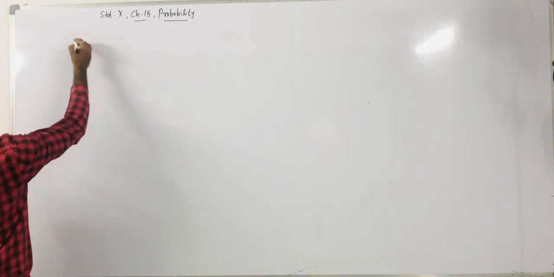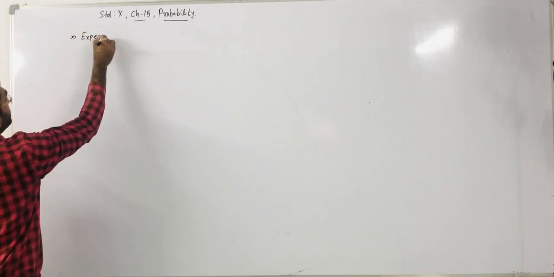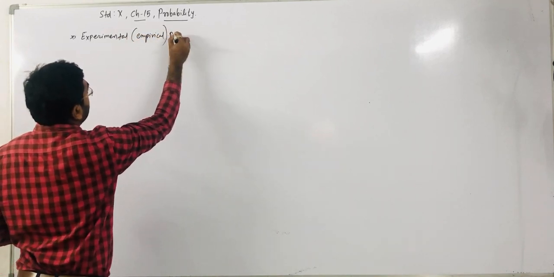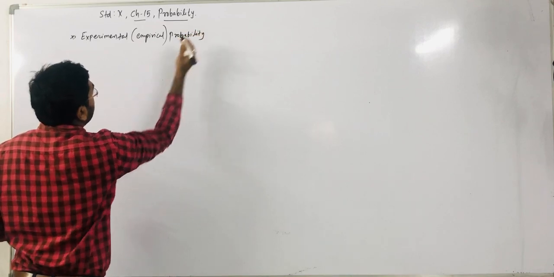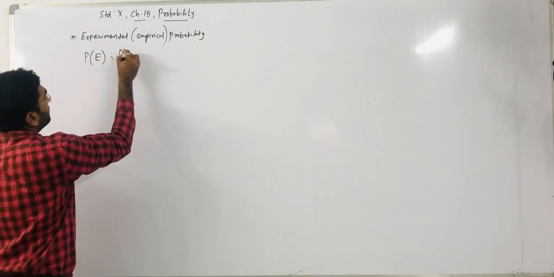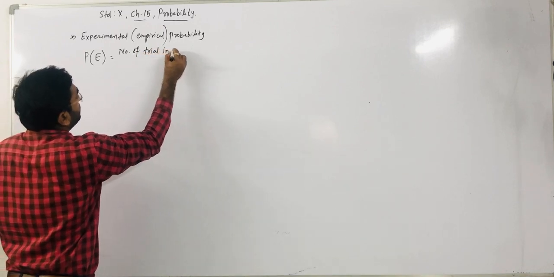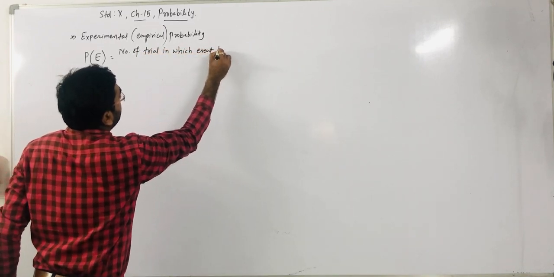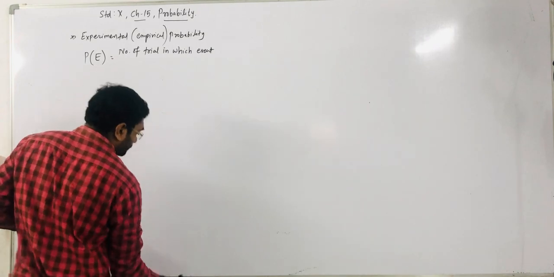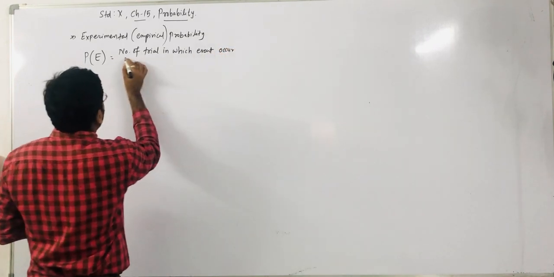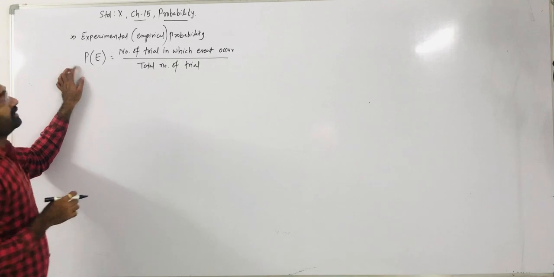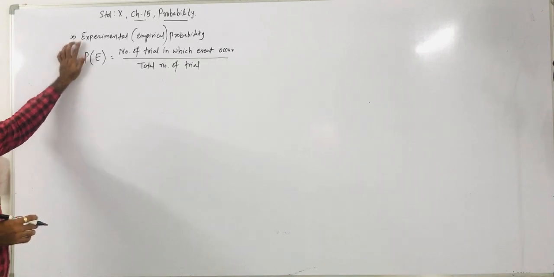In the 9th standard you learned experimental probability, or empirical probability, in which you define an event's probability with the number of trials in which the event occurred in the numerator, and the total number of trials in the denominator.